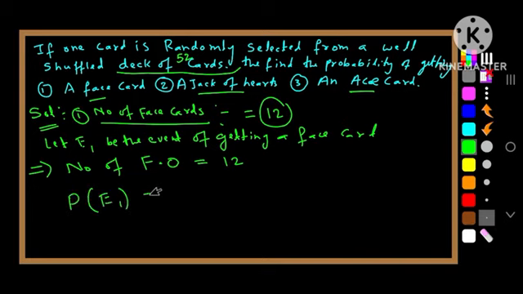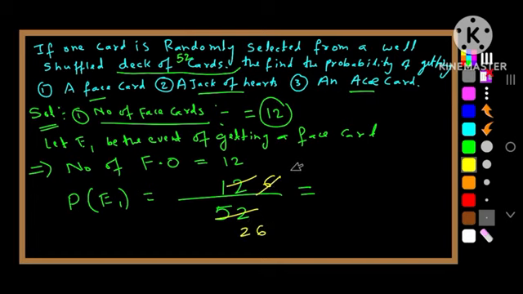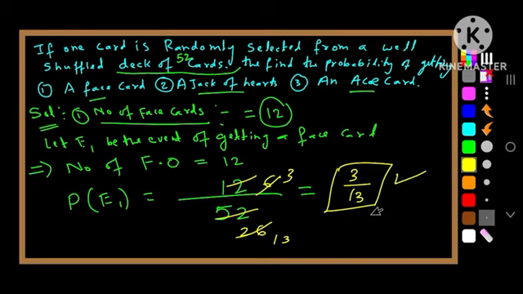Probability of E1 is given by favorable outcomes over total number of outcomes. As I said before, there are 52 cards, and favorable outcomes is 12. So if we simplify, 2 sixes are 12, 2 twenty-sixes are 52, 2 threes are 6, so the probability is 3 by 13. So this is the probability of getting a face card.